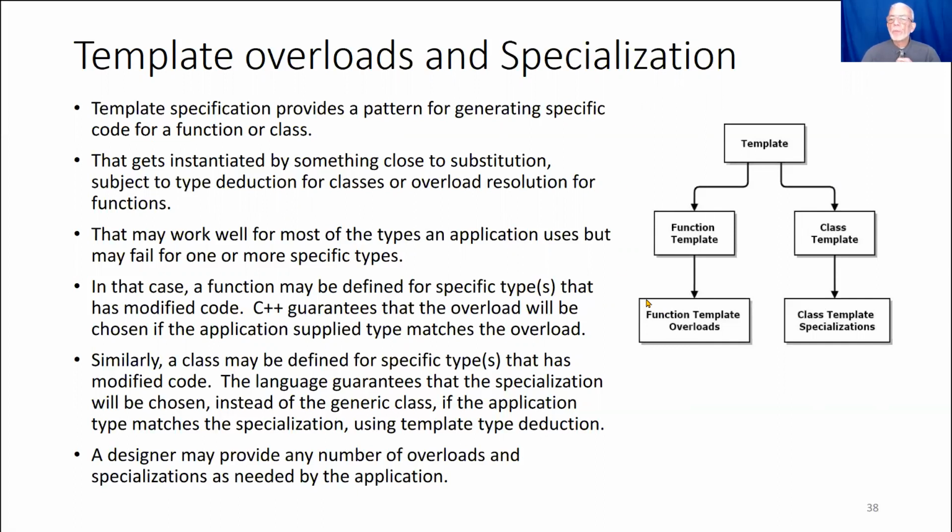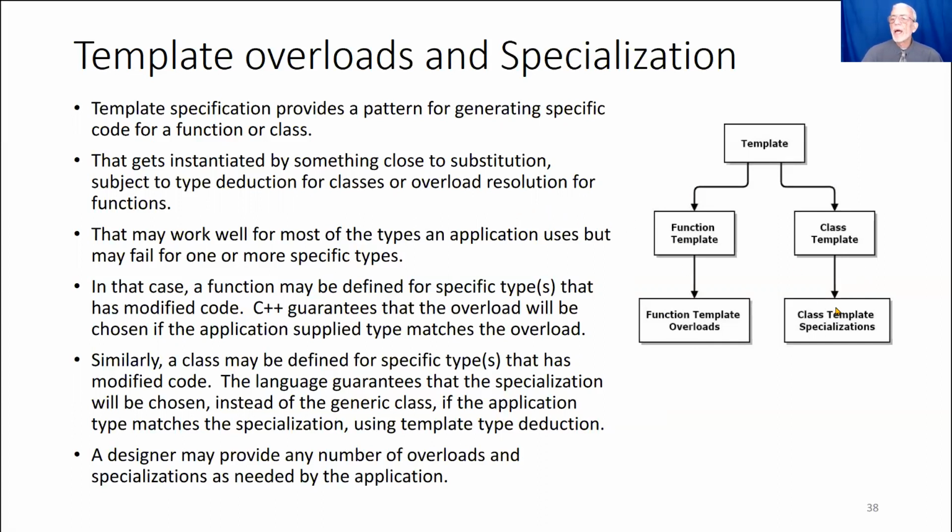And for functions, we simply overload the function with those specific types. The language guarantees that if I have a template function and I've overloaded it for some specific type, and the application instantiates that parameter with that specific type, then it will choose the overload. But if I don't have a match to the overload, then it just uses the generic. For any type that doesn't match an overload, it just uses the generic. And that's very useful, very flexible. It extends the range of the operation of these templates.